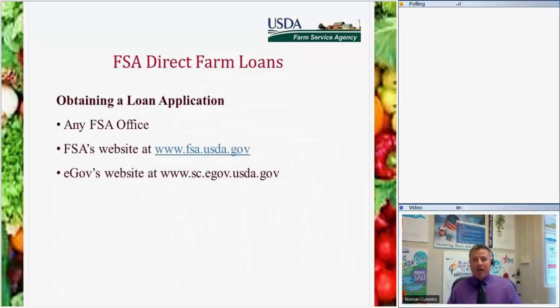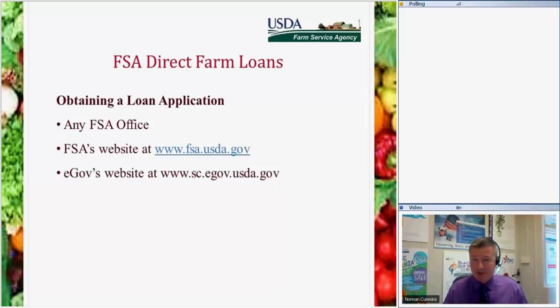So if you want to get a loan application, you can go to any FSA office. You can go to our FSA website. It'll tell you the state; click the state, and you'll find your county office by going to county offices, and that'll give you the phone number to call. I would always call ahead of time. Just don't show up at a county office unless you've got a little bit of time. It's tough for a loan officer because they are extremely busy.